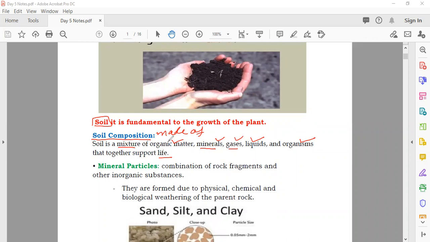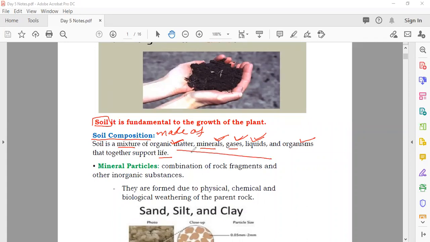In the soil, you will find organic matter, minerals, and gases. Gases can be air, and you can find nitrogen also there. Liquids can be water, and organisms can be microorganisms, bacteria, viruses, and other things. So soil is a mixture of all these things.